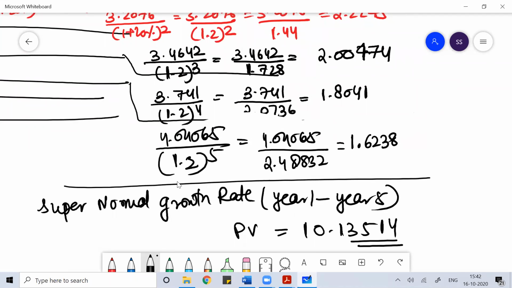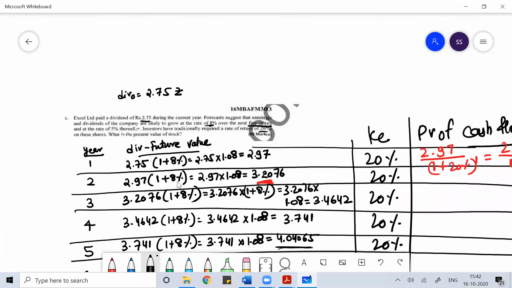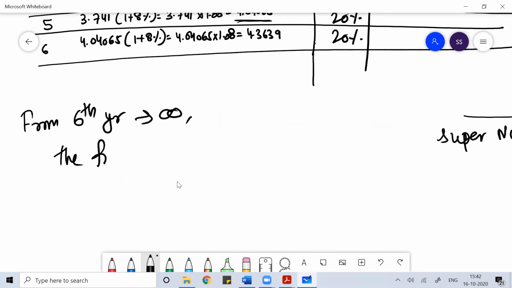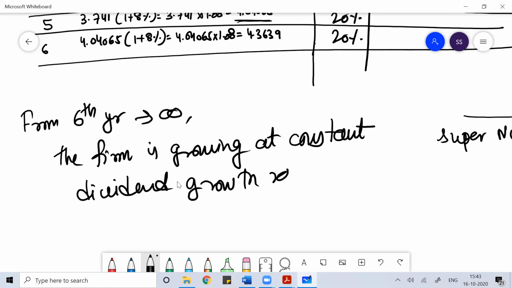While from the sixth year, you can see from the question that the company is growing at the constant growth rate till infinity. From sixth year to infinity, the firm is growing at a constant dividend growth rate model.